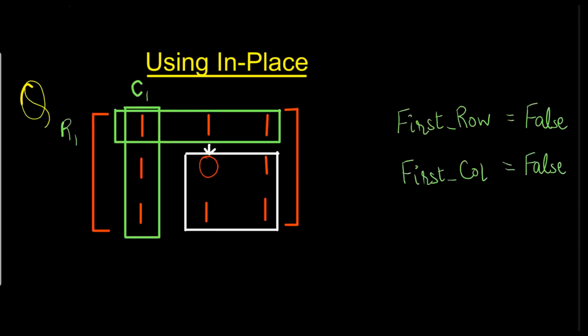I'll tell you how. Now I'll check row wise. Let's see. Here we have 0. As soon as I get 0 here, I'll make its outer column and outer row 0, like this.